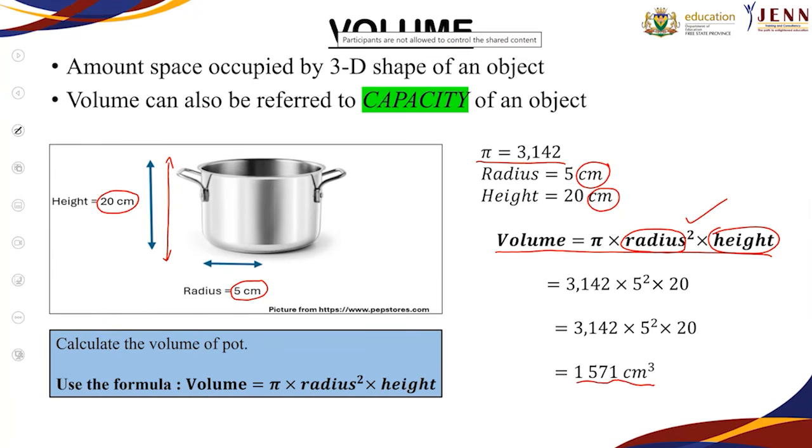1,571 cubic centimeter. Now, cubic centimeter, the 3 there, the cube, it's a representation of that 3D shape that I'm talking about, the volume. If you can see, I did not use units when I was doing my sum in between.